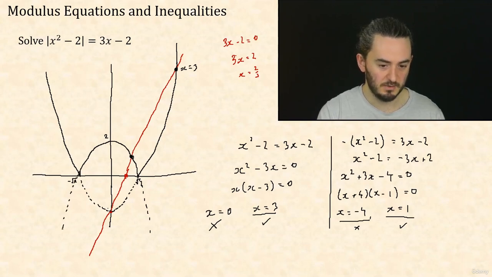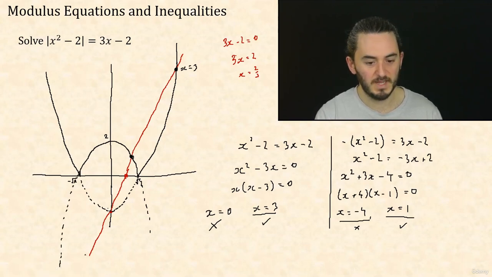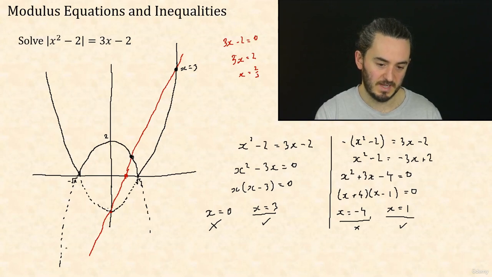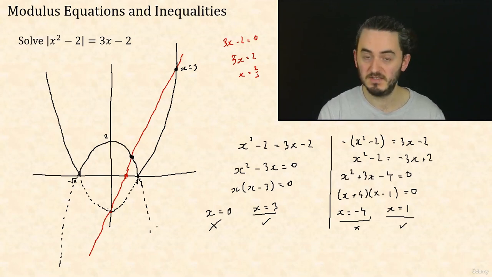And you can see that way down here off the page, this line and this dotted quadratic would have intersected again, at x equals -4. But it's not what we want. It's a phantom solution. So the two solutions of this modulus equation are x equals 1 and x equals 3.